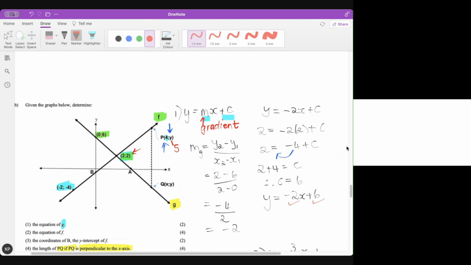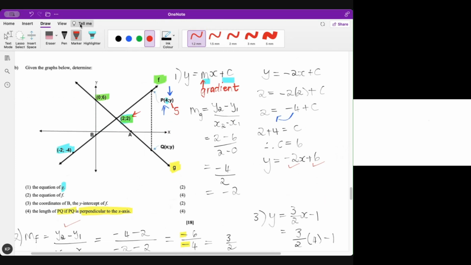Anybody who knows why? We were told that this line is perpendicular to the x-axis. What they're basically telling us is that this is a straight line, right? So that means anywhere on this line, the y coordinate will be the same. Does that make sense, guys?